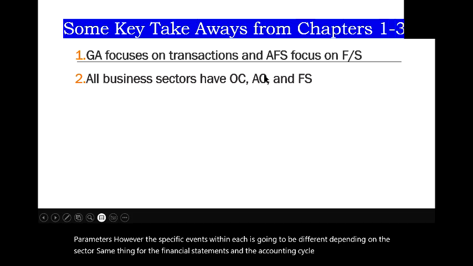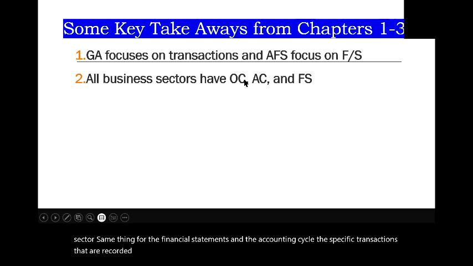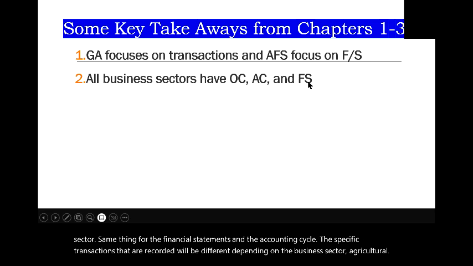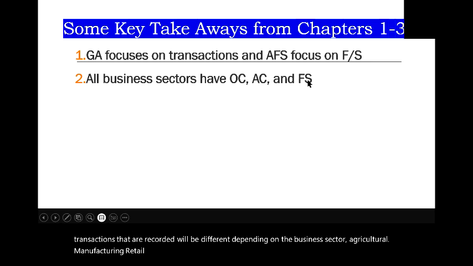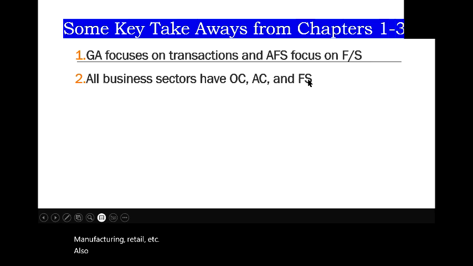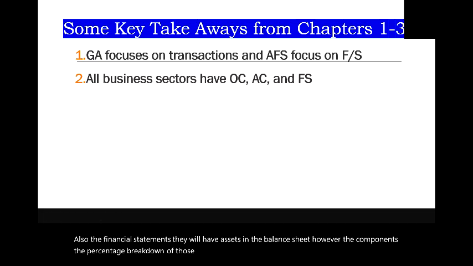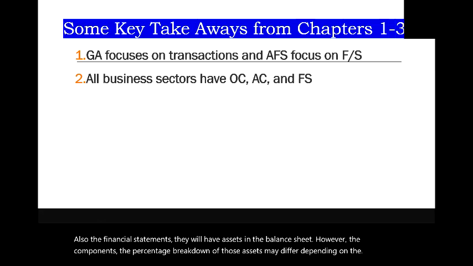The specific transactions that are recorded will be different depending on the business sector, agricultural, manufacturing, retail, etc. Also, the financial statements, they will have assets in the balance sheet. However, the components, the percentage breakdown of those assets may differ depending on the business sector.